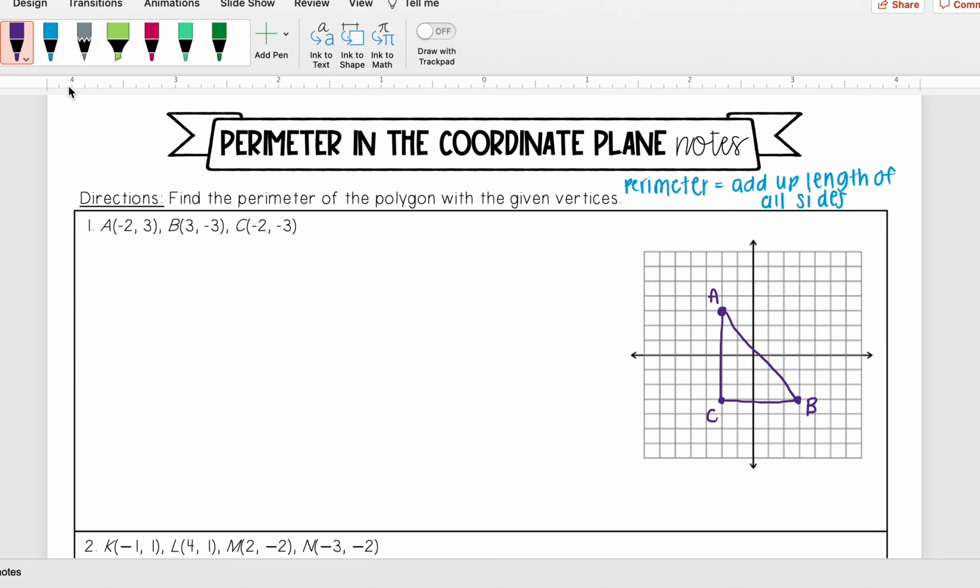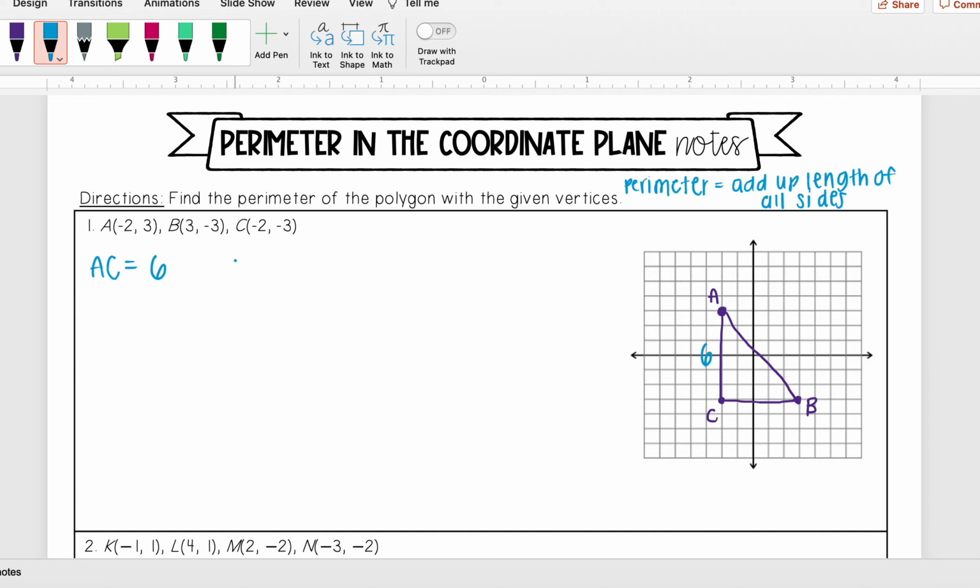So looking here, I have a triangle and I see that for 2 of these, I can automatically find the length of them. So I see that for AC and CB, since AC is vertical and CB is horizontal, I can just count those boxes to see what those lengths are. So for AC, for example, that is 1, 2, 3, 4, 5, 6.